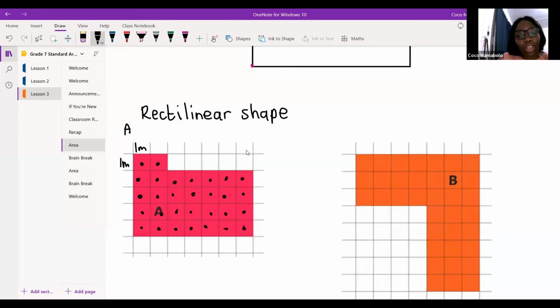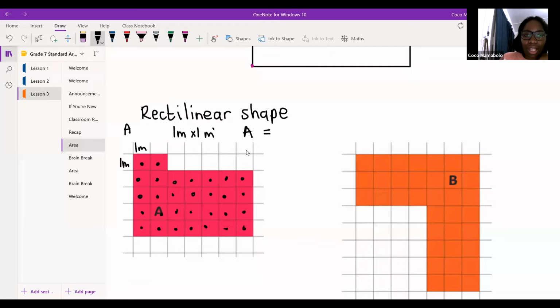If each block is 1 meter by 1 meter, guys, if it's a meter by a meter, what is my actual area? What is my area equal to? Tell me, guys, what is my area equal to? Not 30.